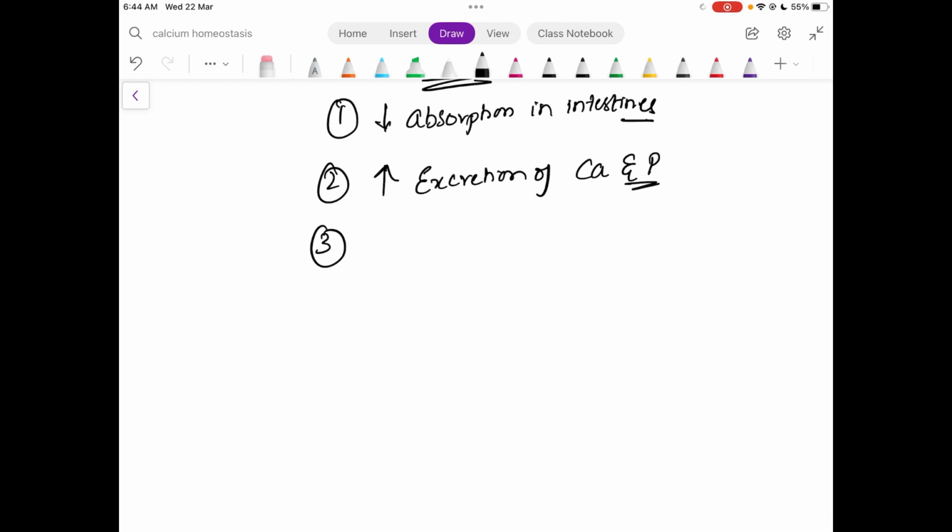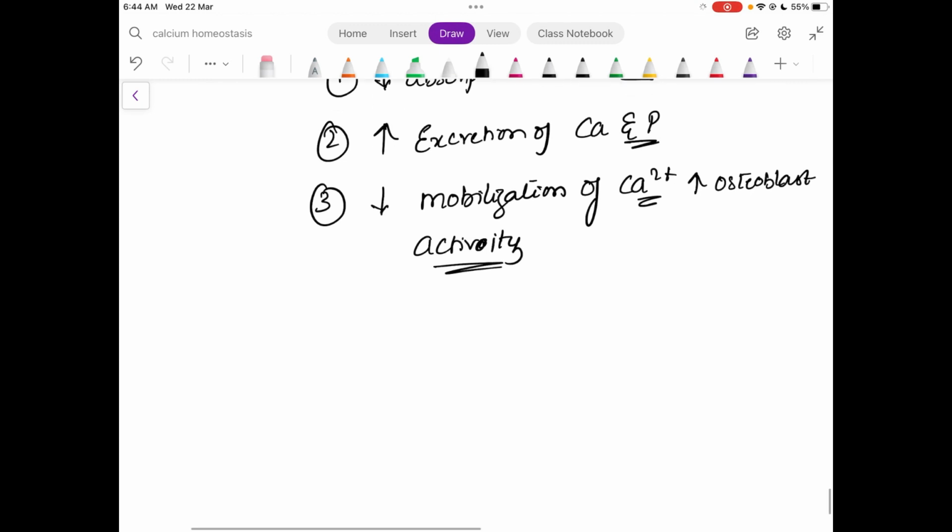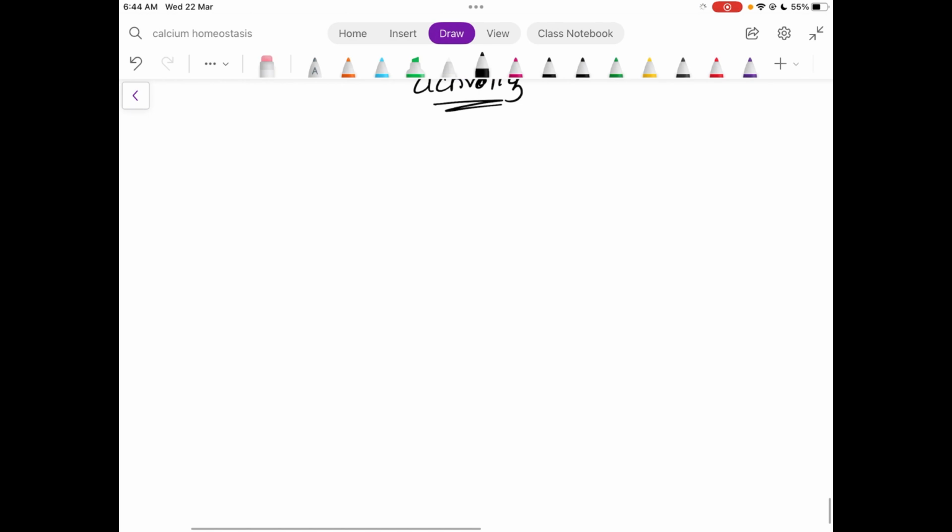Third, they will decrease mobilization of calcium. How will they decrease mobilization of calcium? They increase osteoblast activity and cause deposition of calcium on the bone. This is how calcium homeostasis will occur.